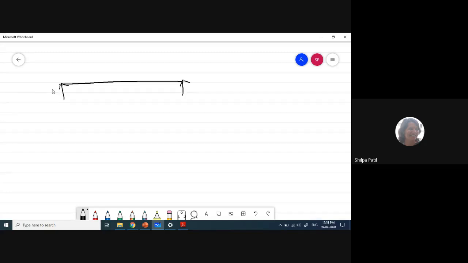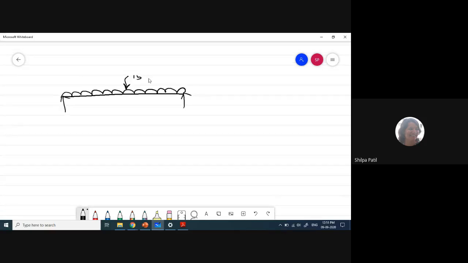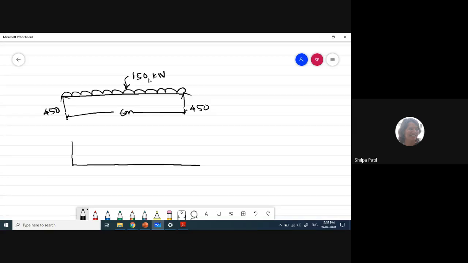This is the simply supported beam. Loading is also same. So the reactions I'm directly writing here 450. And I will draw now the shear force diagram. Make help of these grids now.